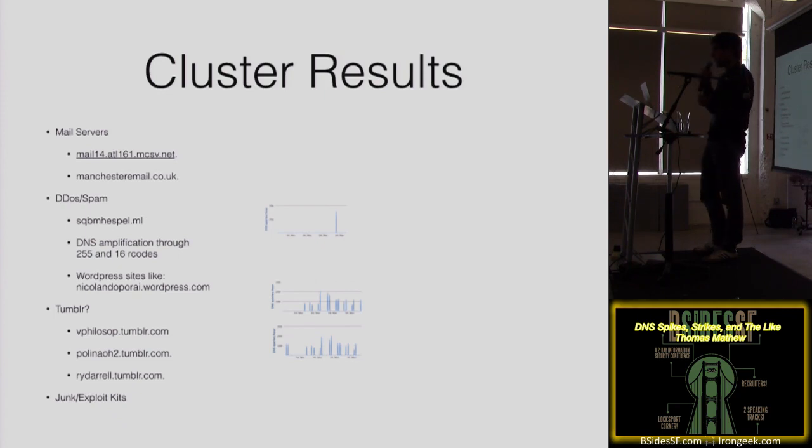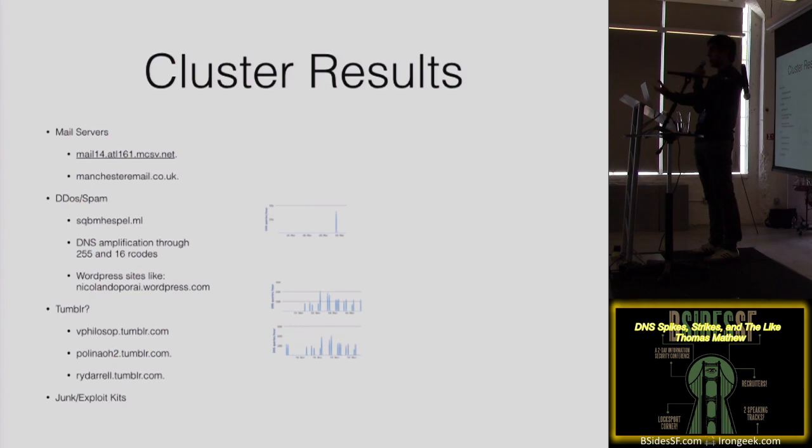What's more interesting, however, is some of the DDoS and spam that we see. What happens is some attacker notices that somebody's misconfigured their DNS information. What they like to do is send a ton of DNS 255 requests, which are DNS ANY requests.